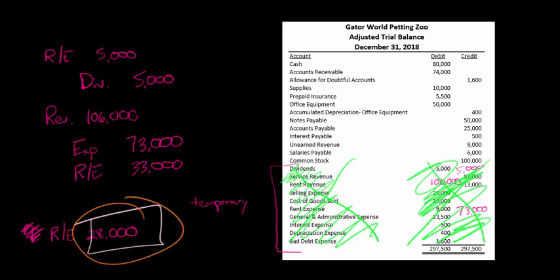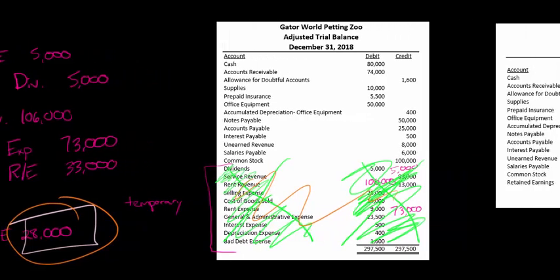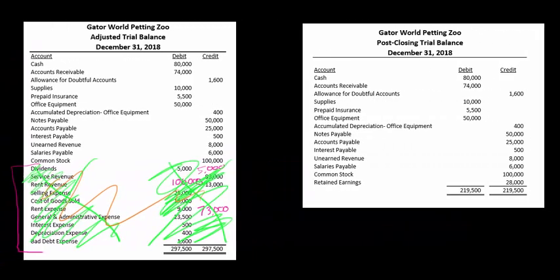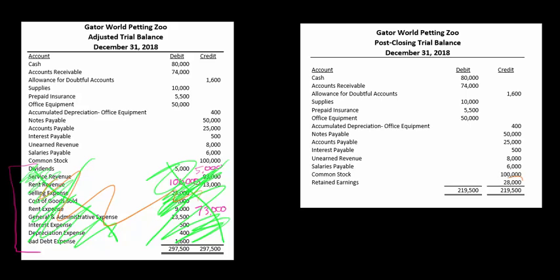So in our post-closing trial balance, we're not going to have any of these accounts, and we're going to have a retained earnings balance. So let's see if we got our retained earnings of $28,000 that we calculated. We see that our post-closing trial balance is a lot smaller, right? And the reason is that it doesn't have any temporary accounts. There are no temporary accounts in the post-closing trial balance.